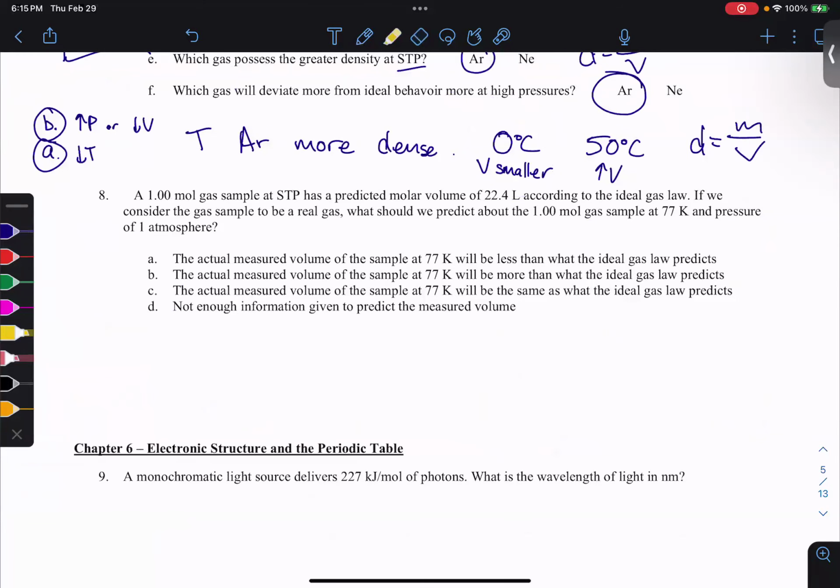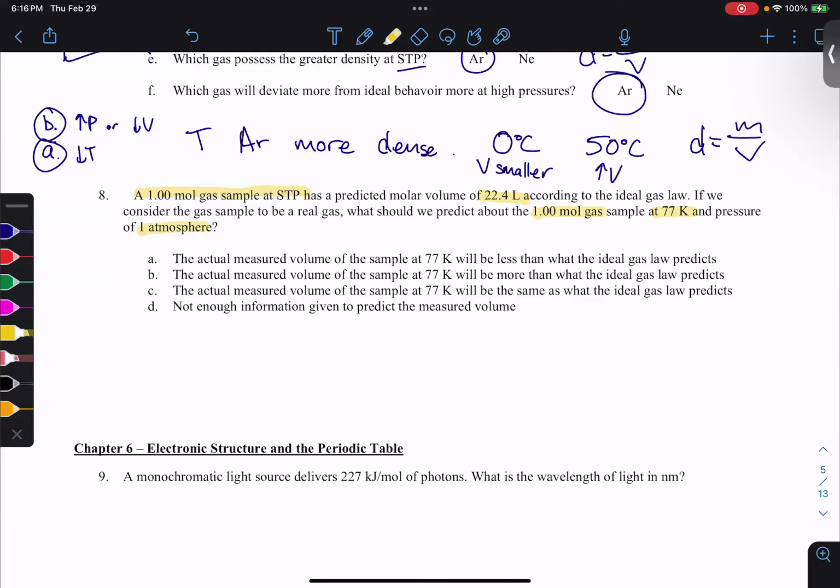A 1 mole gas sample at STP has a predicted volume of 22.4 liters. That's using the ideal gas law, just PV equals nRT: 1 mole, 1 atm, 0 degrees Celsius. But if we considered a gas to be a real sample, what should we predict about 1 mole of gas at 77 Kelvin, so really cold, at 1 atmosphere?